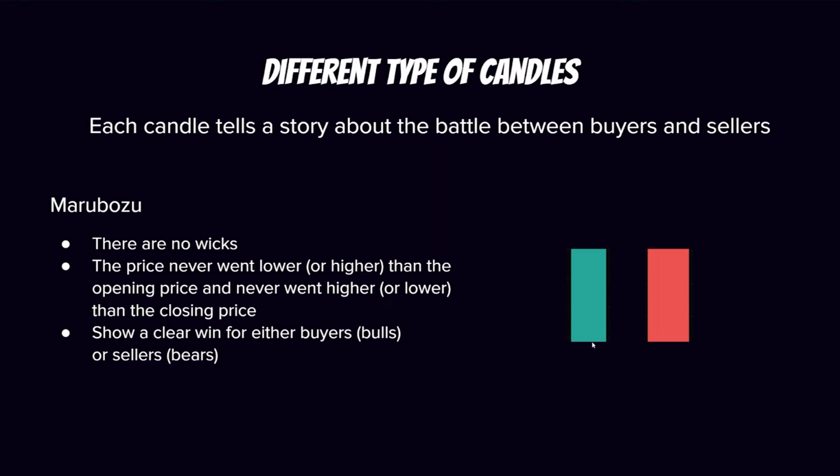It's a clear and strong sign of bullishness or bearishness, since once the candle opened, the price never went lower than the open, and it never went any higher than the close, meaning that it basically closed at its high. Same, on the contrary, for the red one. And these are quite clear.